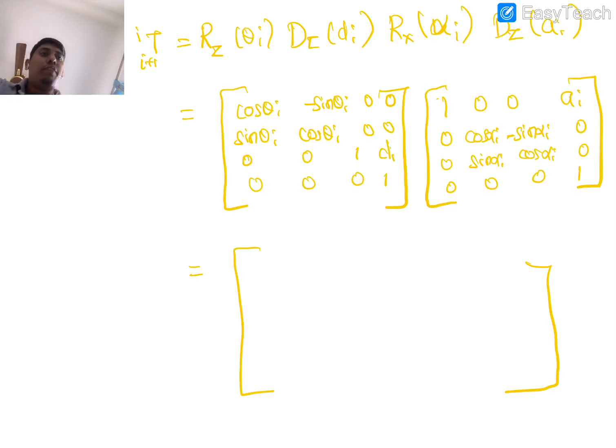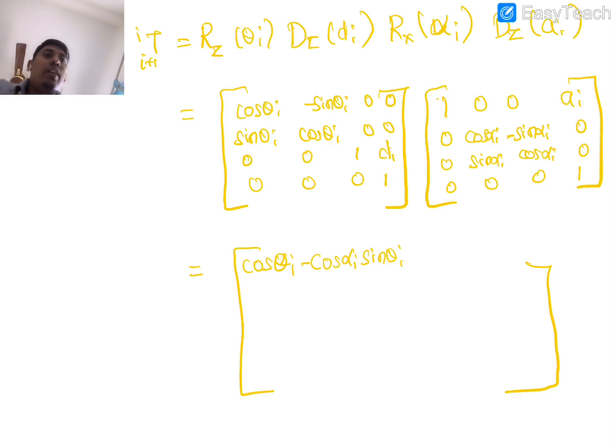So in this case, first row first column you can see it is straightforward cos theta i. First row second column, what would come? That would be multiplying, in the sense it is minus cos alpha i sin theta i. That is right, because first row second column, this term and this term would be multiplied.